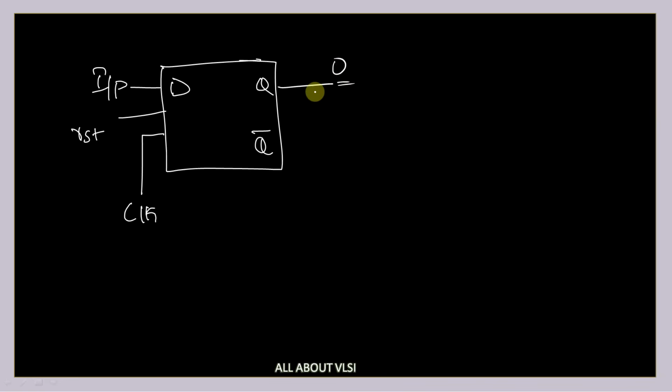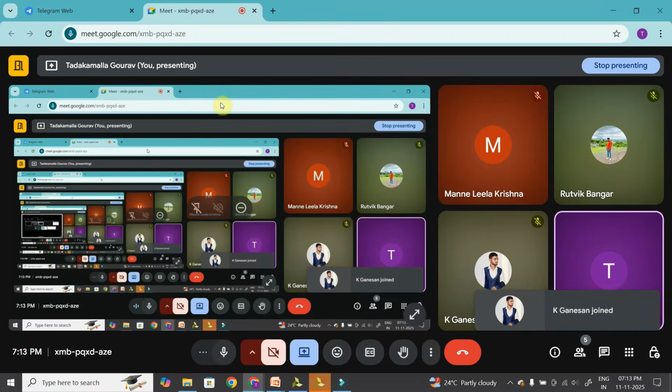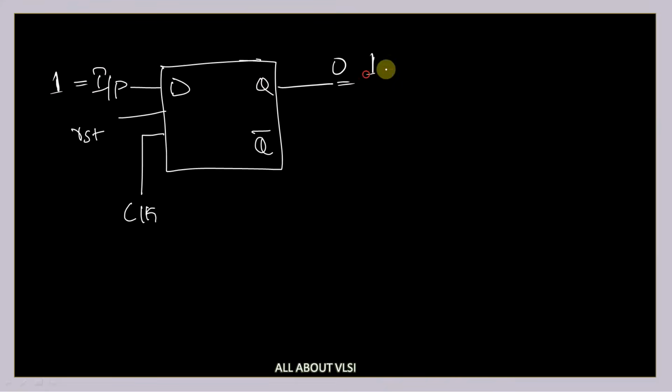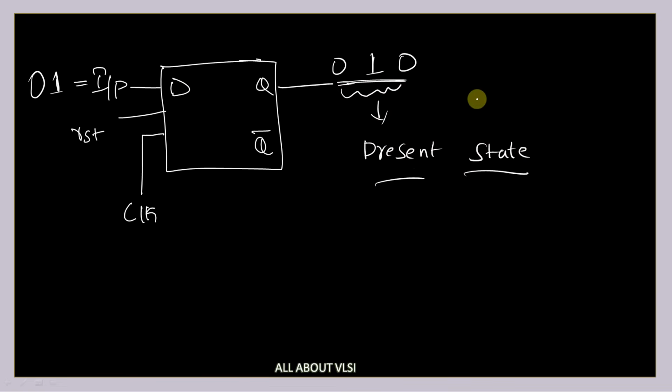That we already know. And if we apply 1, then what is the present state of this flip-flop? The present state is equal to 1. If you apply 0, then the present state is equal to 0, right? So this flip-flop output is nothing but your present state. Present state is nothing but the output of this flip-flop.